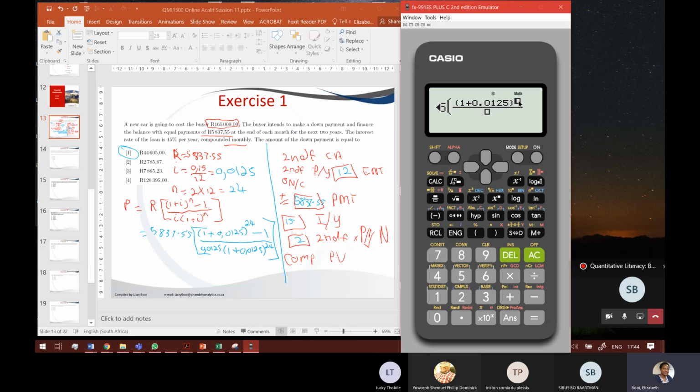You press that, it will create the power of, and then you press 24, and you need to use your arrow to go to the side. And then when you press the side arrow, it will take it lower. Because if you don't do that, it will create minus 1 on 24. So you use your right arrow, and then you say minus 1. And that is the top part.